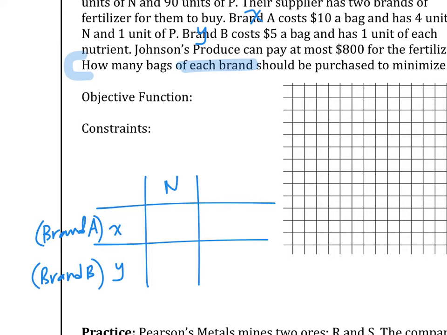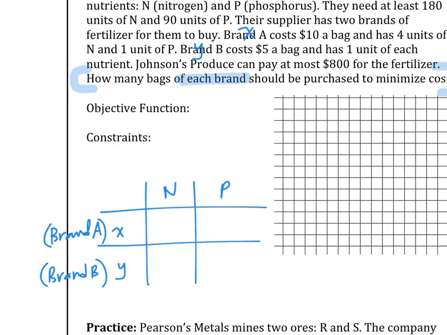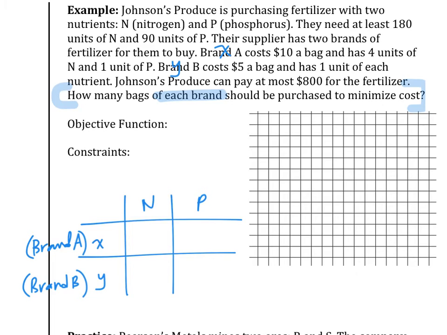And then N and P are going to be the stuff that you get from each brand. Okay, now we go back to the question. We need some amount of nitrogen and phosphorus. If I buy one bag of brand A, how much nitrogen is in there? 4 units, whatever 4 unit means.